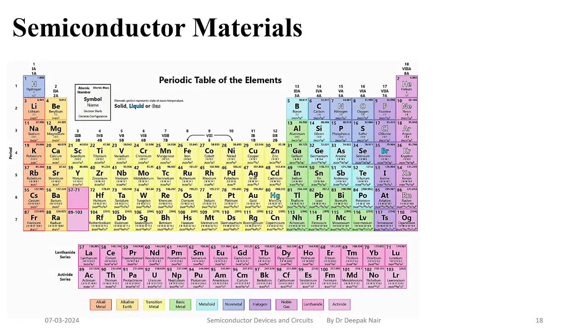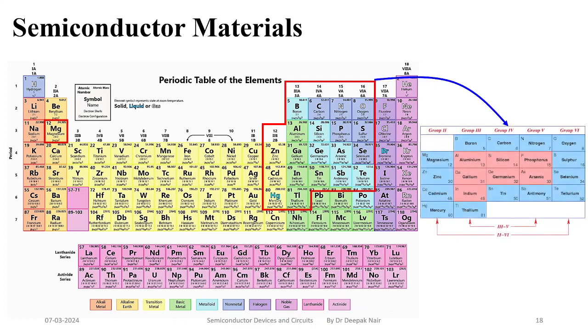In the previous lecture, I talked about the periodic table and we discussed the semiconductors which fall under group 4, and the dopants which fall under group 3 and group 5.